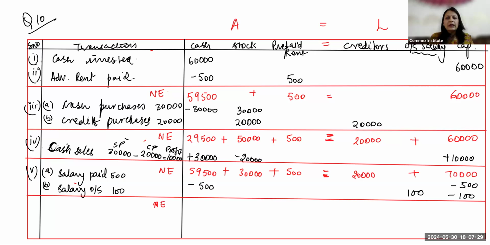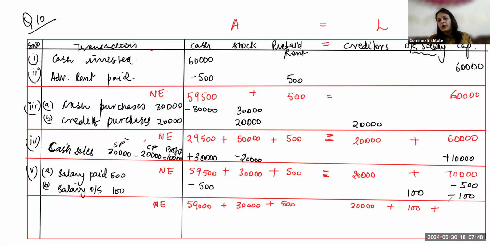So the new equation is my cash has gone down by 500, so it becomes 59,000. No impact on the stock, 30,000. No impact on the prepaid rent, same. On the right-hand side, my creditors are same, 20,000. My outstanding salary is now 100.